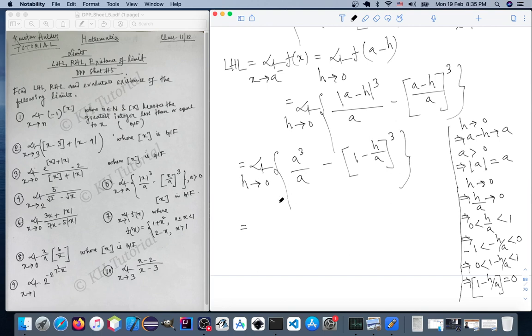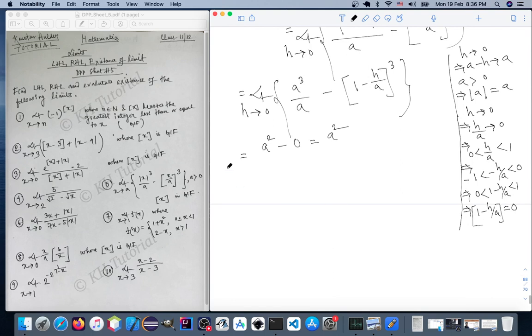So this becomes a cube by a, which is a square, and this becomes 0. So LHL is a square. Now let's find RHL. RHL is limit x tends to a plus f(x). This equals limit h tends to 0 f(a plus h).